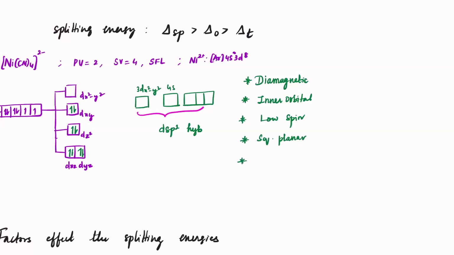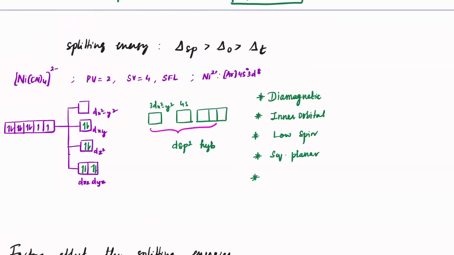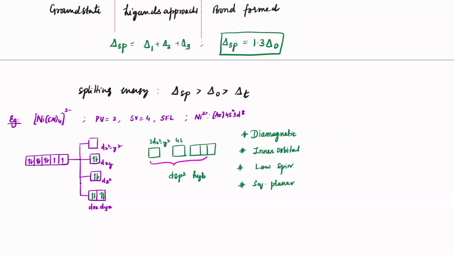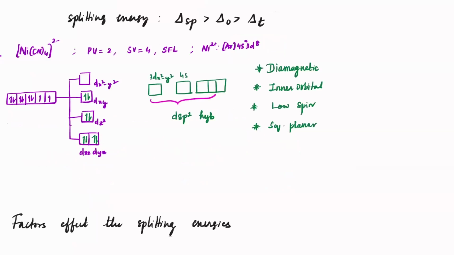Okay? Done? Right. These are the pointers that we need to know. So CFS is actually helping us to realize where exactly the electrons are going, which orbitals they are going to. Correct? And in this case, this is delta 1, this is delta 2, and this is delta 3. Delta 1, 2, 3 in this case is greater than pairing energy.